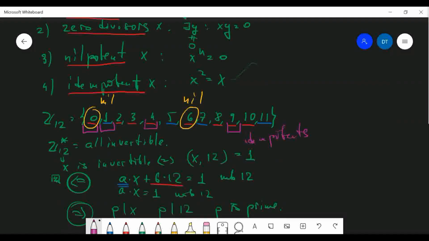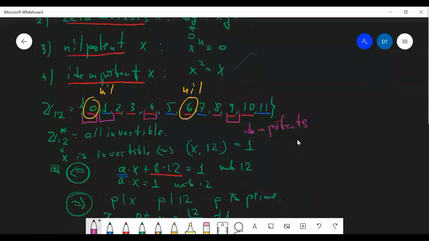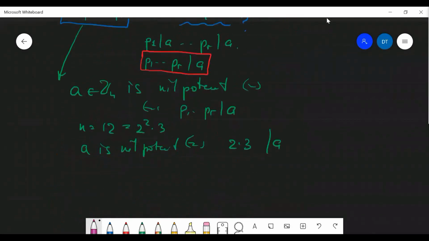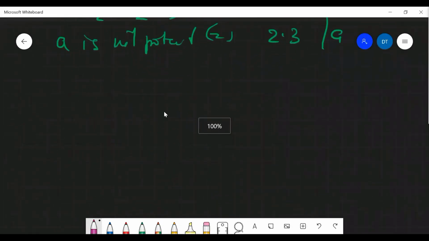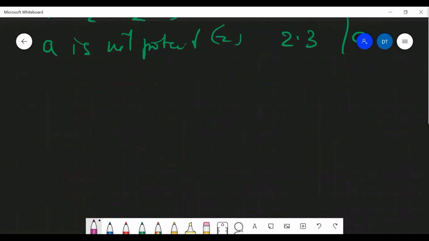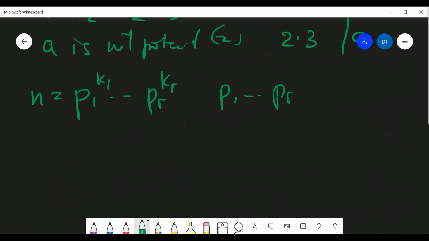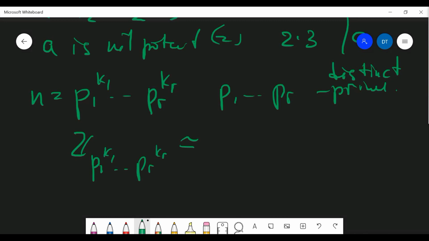Should I tell you how to find all the idempotents and how they look? Let me tell you the answer without probably the whole proof. If you have an integer n of this form, where p1 through pr are distinct prime integers, then we have this isomorphism from the Chinese remainder theorem.